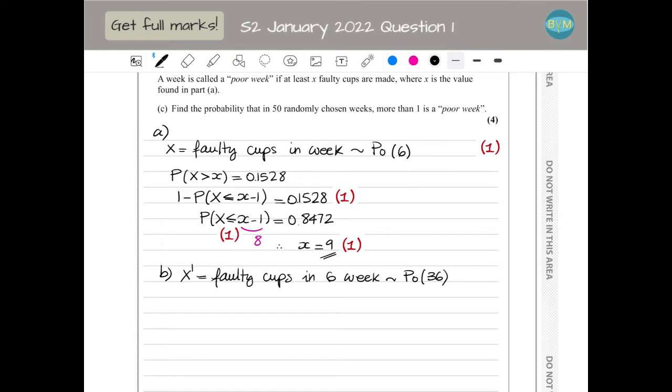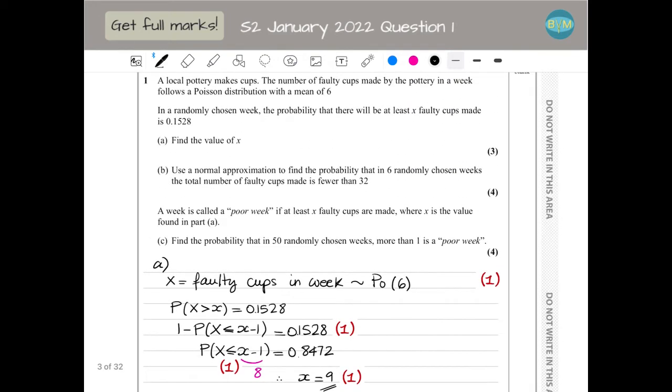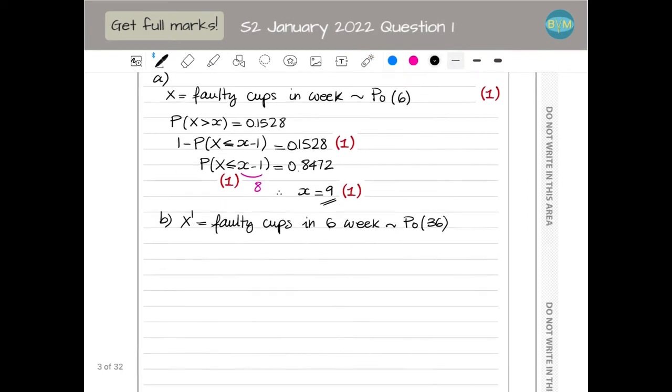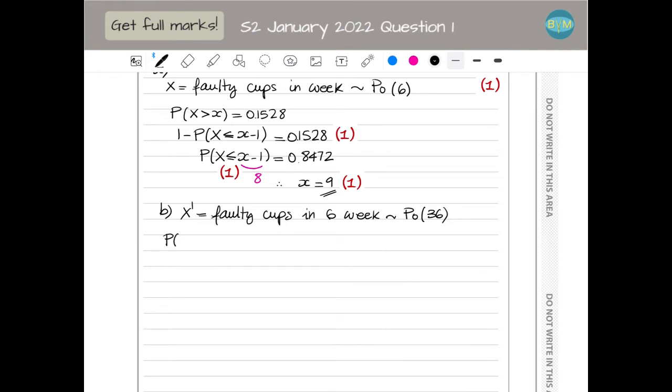And they are asking me to find the probability the total number of cups made is fewer than 32. So I need to find the probability that this new variable, X prime, is less than 32, where this is a Poisson. But they ask me to approximate that with a normal.